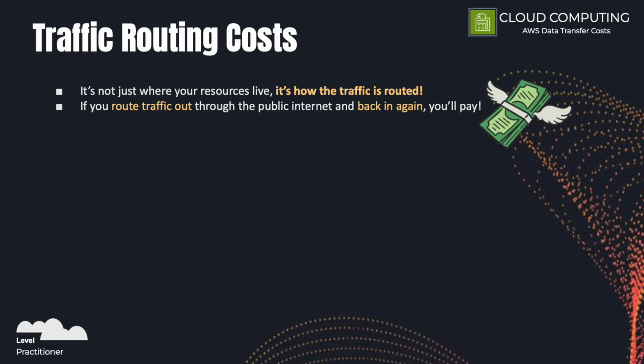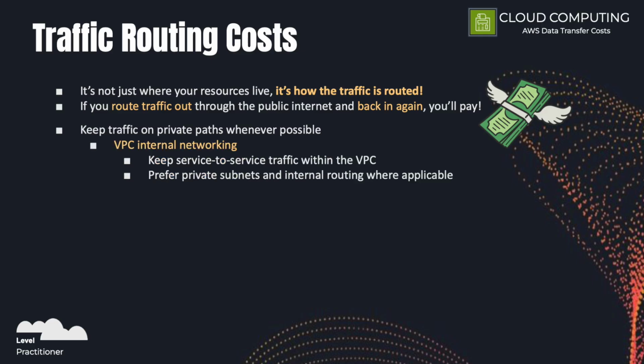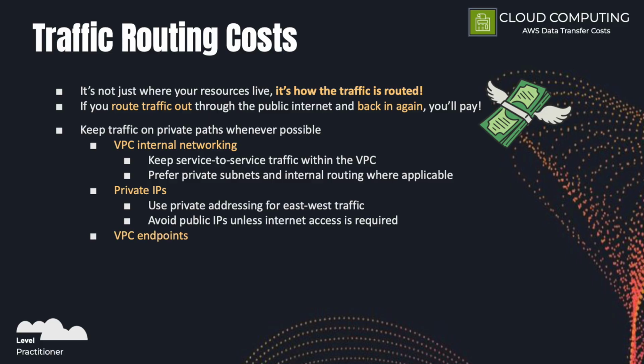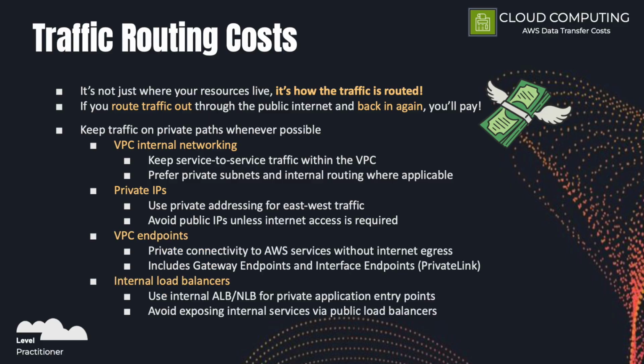So when you design your architecture, try to keep traffic on private paths whenever possible. Things like VPC internal networking, private IPs, VPC endpoints, and internal load balancers can help much with this. If you want a deeper refresher on regions and availability zones, check our AWS Global Infrastructure video, where we already explain all of them in more detail.